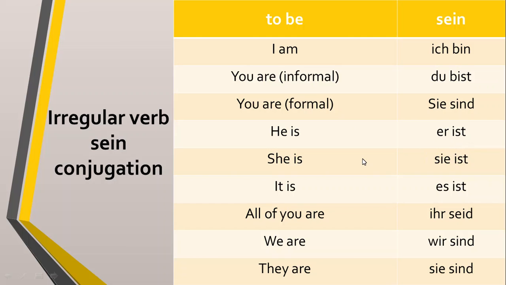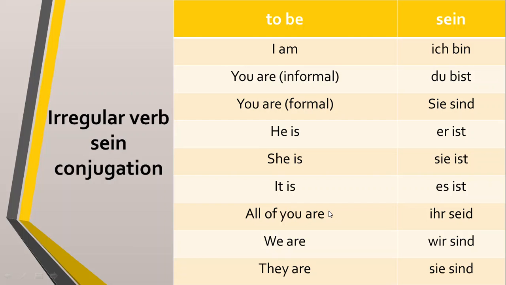"All of you are" is again totally differently conjugated as "seid": "ihr seid". "We are", "wir sind", and "they are", "sie sind".